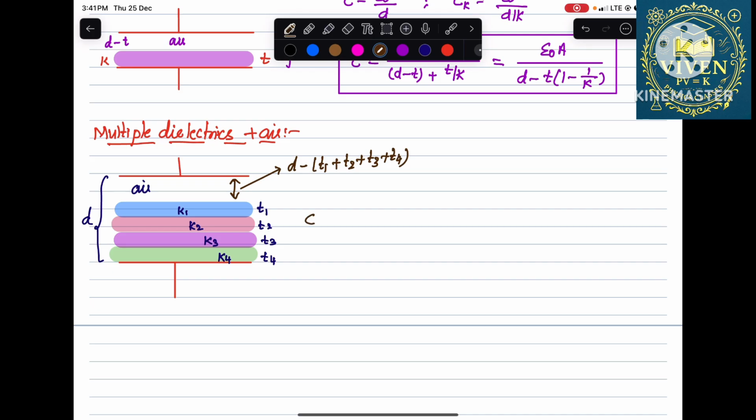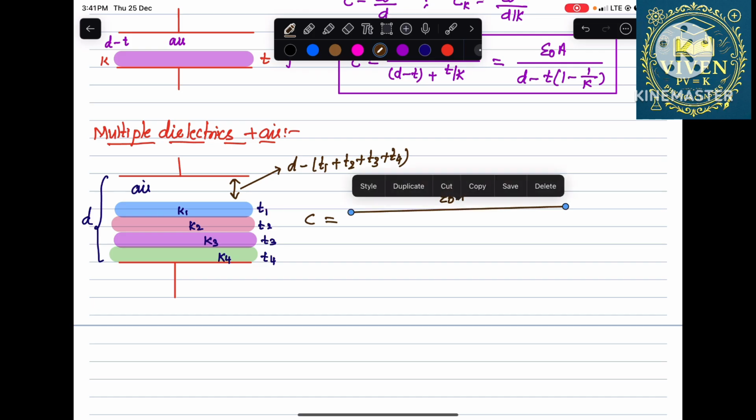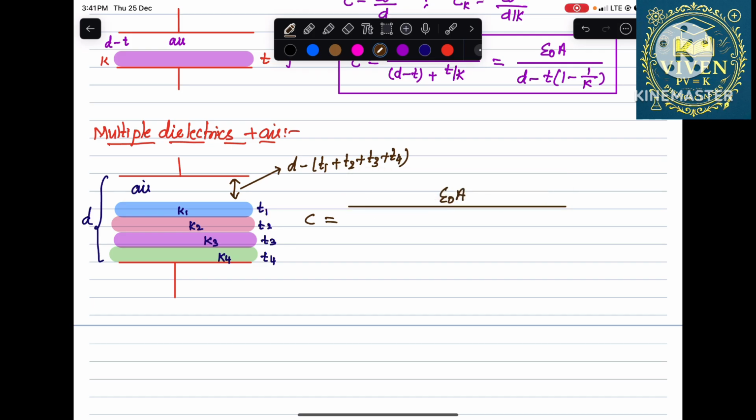So therefore the resultant capacitance C is equal to what you can expect now, epsilon naught A by, straight away I would like to write this one as, so listen here. First of all, for the air, for what distance or width the air was present, D minus of T1 plus T2 plus, let me say there are n number of dielectrics, so plus so on, done, air was done, and plus now n number of dielectrics, T1 by K1 plus T2 by K2 plus so on.